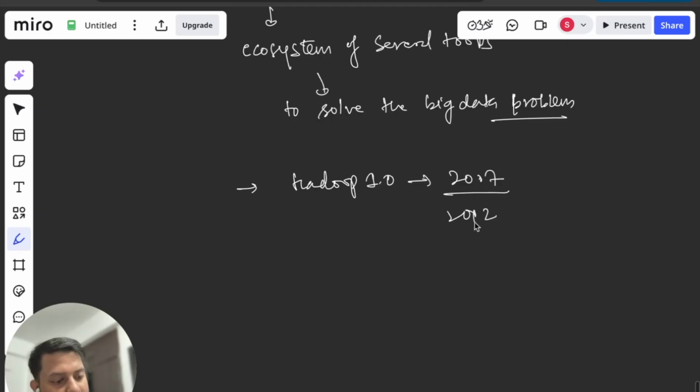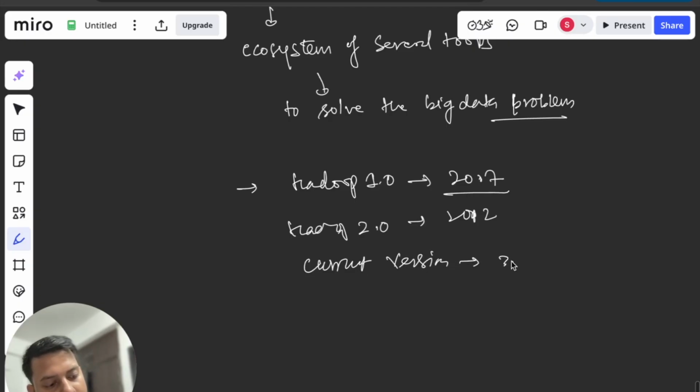In 2012 we had Hadoop 2.0, and the current version is 3.0. This is just an evolution, like which versions we were using.